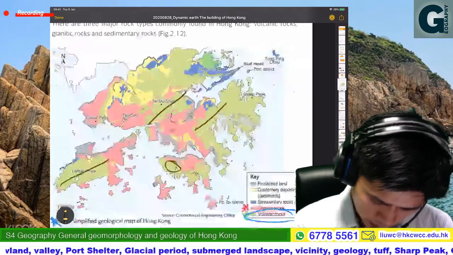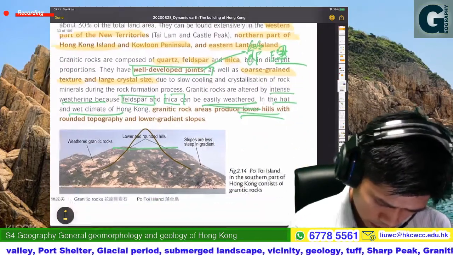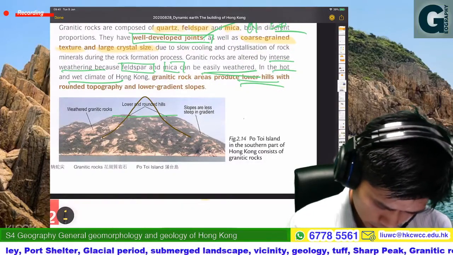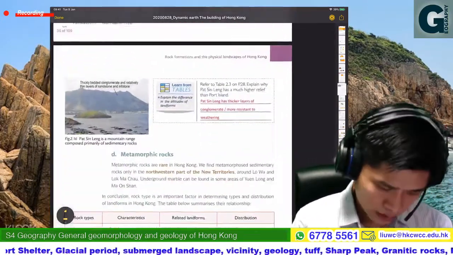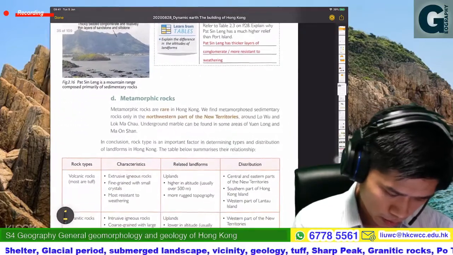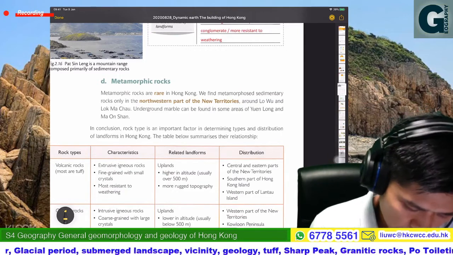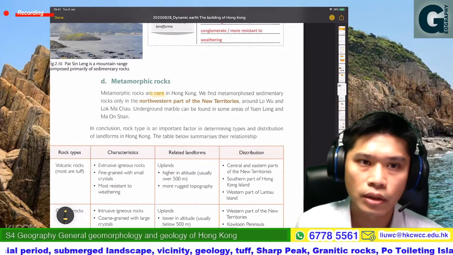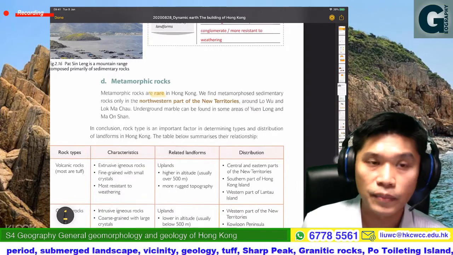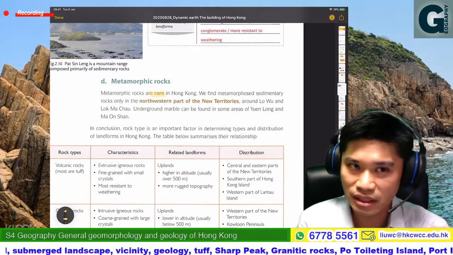Okay, then the last one, metamorphic rock. Metamorphic rock is rare in Hong Kong, 香港冇乜㗎啦，冇乜好少呢個變質岩。Okay, however, there's still a little.